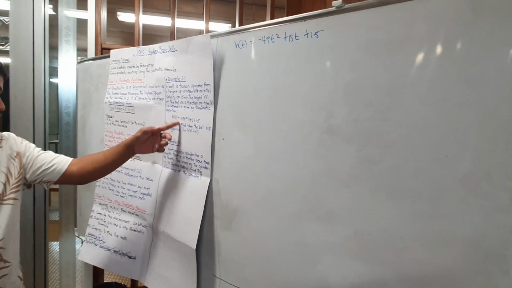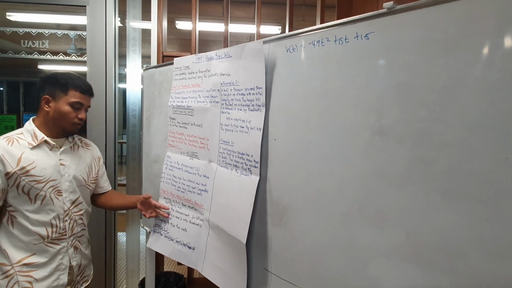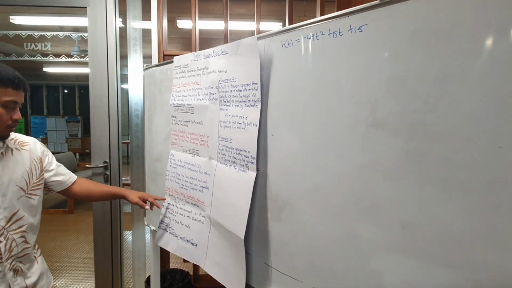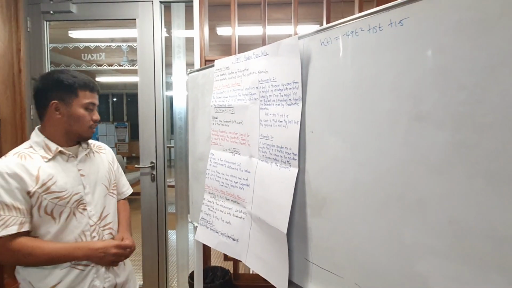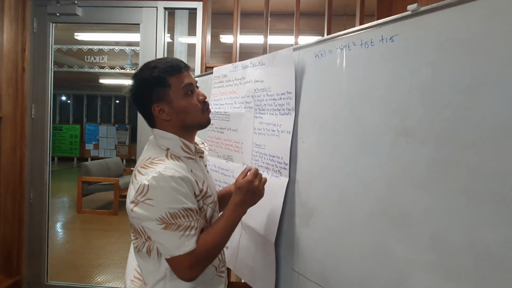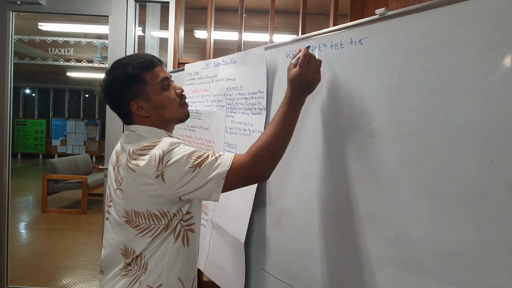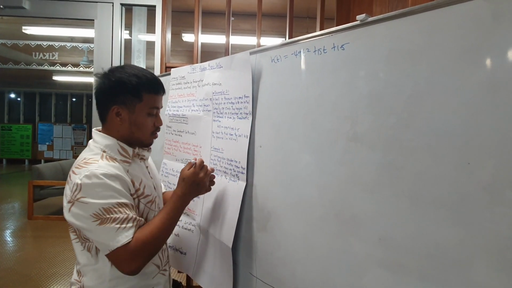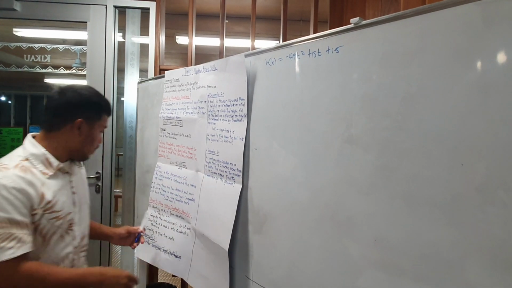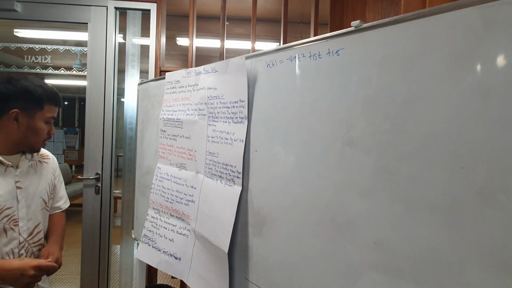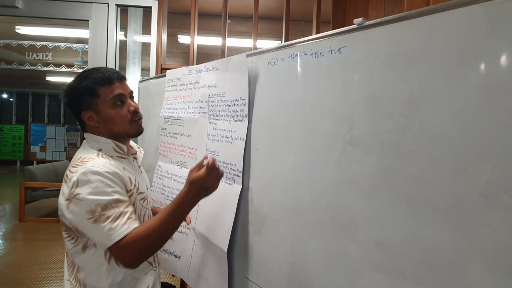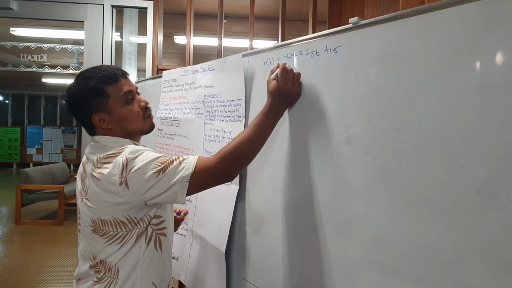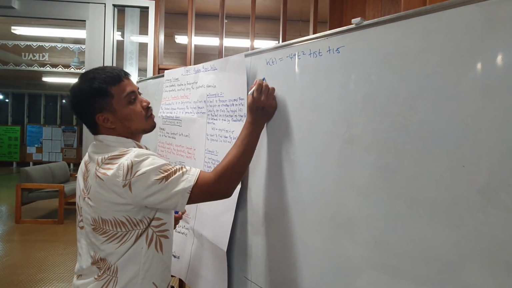We need to follow these steps. From the first step, we need to identify a, b, and c in this equation. The a value is the coefficient of x squared, so negative 4.9 is the a value.